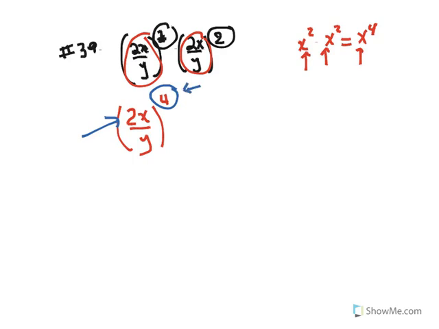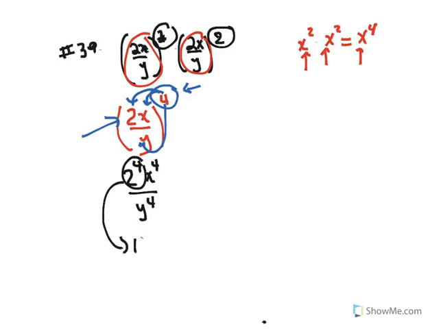But now I have this 4, so now this 4 is going to have to go inside my expression, and I'm going to have 2 to the fourth, x to the fourth, divided by y to the fourth. The only thing I can do is, instead of writing 2 to the fourth, we all know that 2 to the 4th is 16, and it's going to be 16 x to the 4th over y to the 4th.